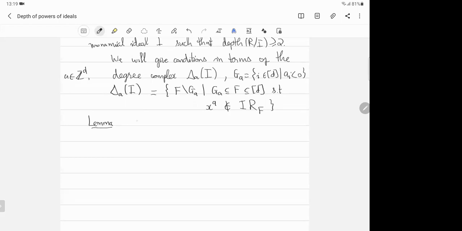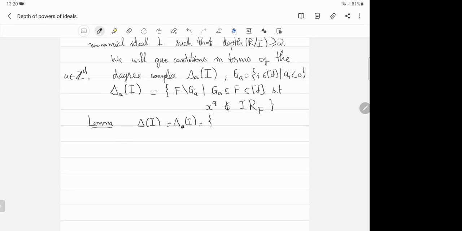So for A equal to 0, I denote delta_A by delta(I). So this is by definition delta_0(I), where A is the zero vector. And in this case, you can check that the radical of I is exactly the Stanley-Reisner ideal of this guy.